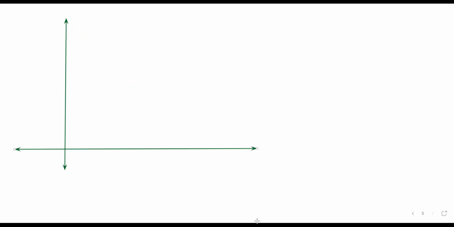Suppose the function given is x plus 1, and if I am trying to draw the graph, all the values of x are shown on the x axis and all the values of y on the y axis. f of x means y, so y is x plus 1. If x is 0, y is 1. If x is 1, y is 2.